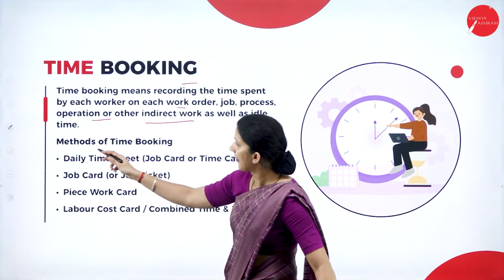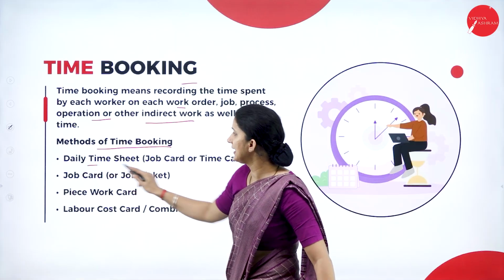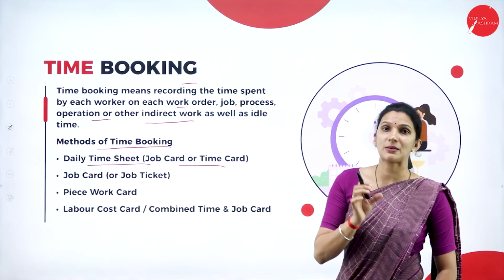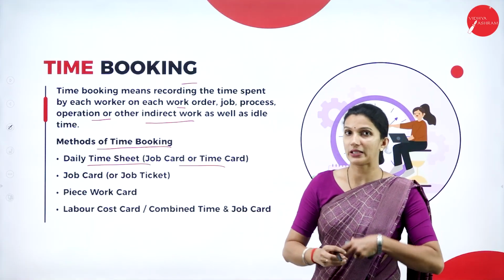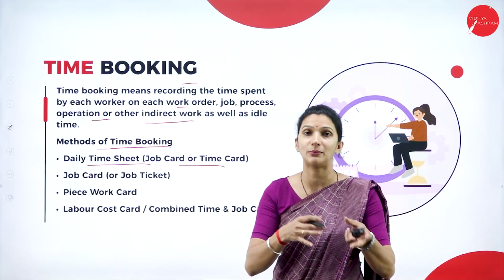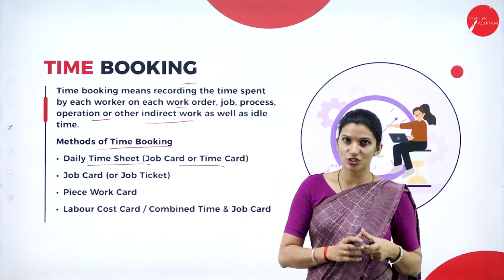So what are the methods of recording time booking? One is the daily time sheet, the job card or the time card. Here each employee is allotted a job sheet or job card, where he mentions the work he has done and the time he has taken to complete that work. That is the daily time sheet method.